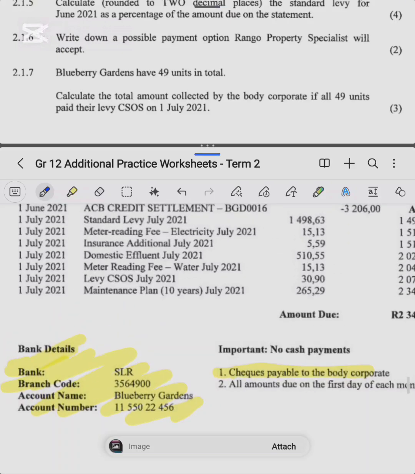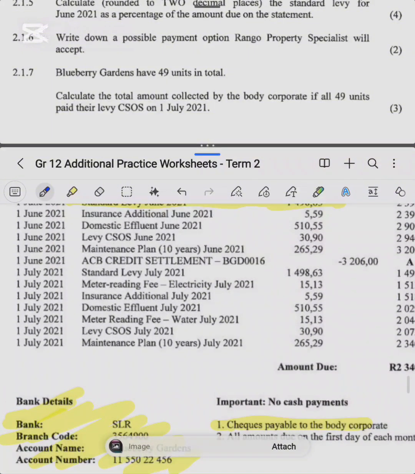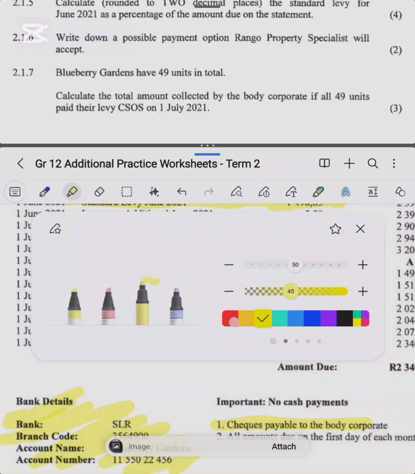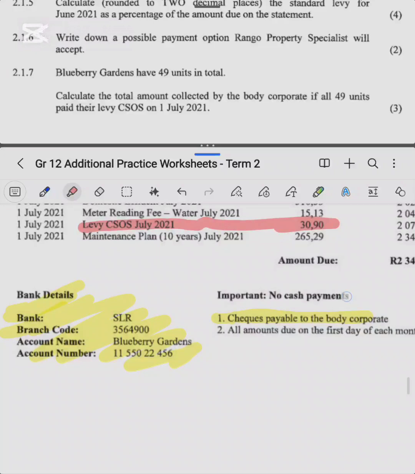We just have to first go and see what is the CSOS levy for July. Make sure you are doing the right month. In this case, the CSOS levy for June and July were the same, but sometimes they'll do one that will change per month. So we want to make sure we are looking at July, and it's over there. It tells us it's 30 Rand 90 for a payment, and that's for 1 unit.